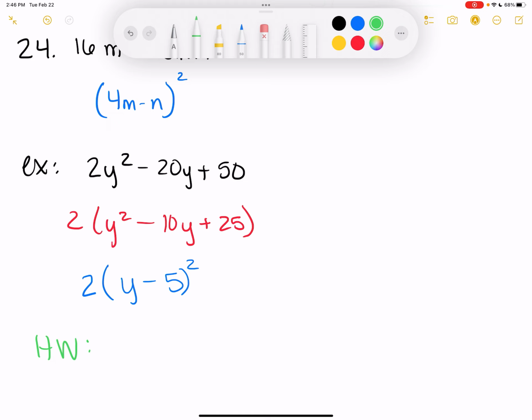Okay, just because I like to do a quiz on every type of factoring, because if you can't factor, you're going to struggle, and I don't want you to get to the test and have all these different types of factoring and be super confused. So this is the last official type of factoring.